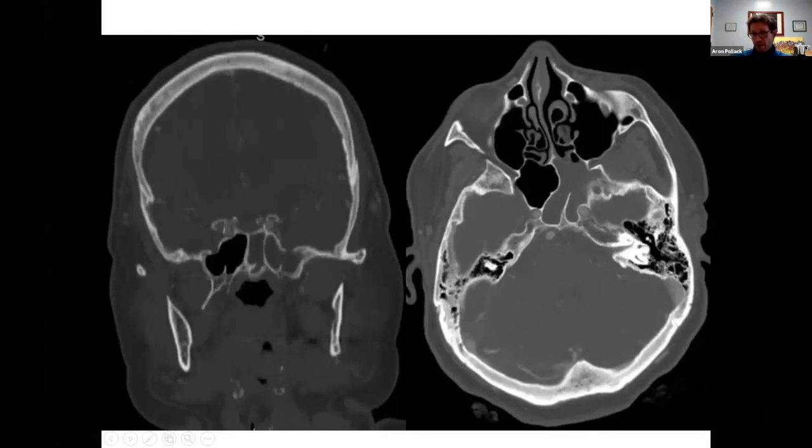Now the cribriform plate is the most common location for a spontaneous CSF leak, but the lateral recess is actually the second most common location for a spontaneous CSF leak. So whatever's going on with her, she has a skull base defect in the lateral recess of the left sphenoid sinus, right here, and also on the axial cut over here. And she has an underlying completely opacified sphenoid full of probably inflamed mucosa, some mucus, and the combination of the 2.